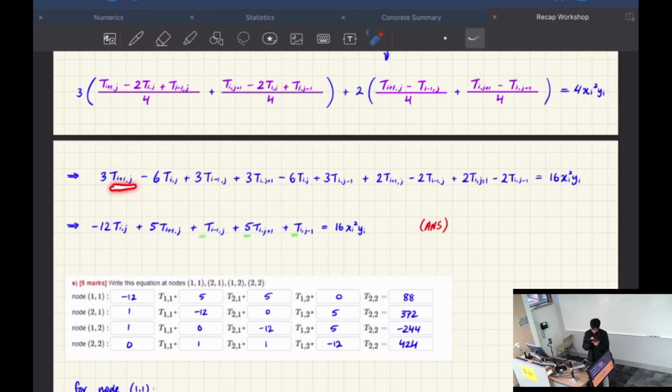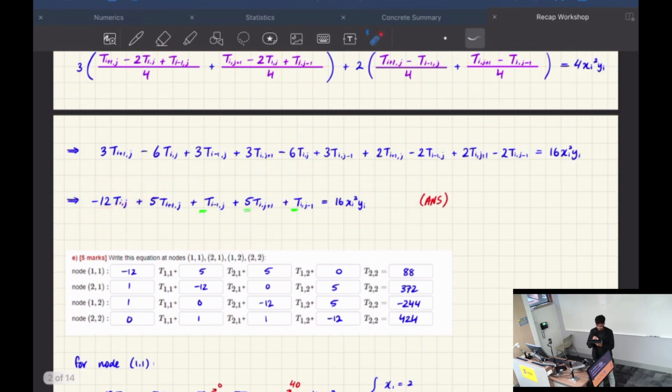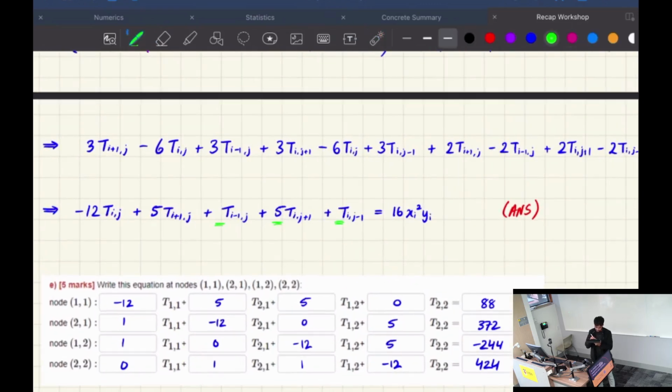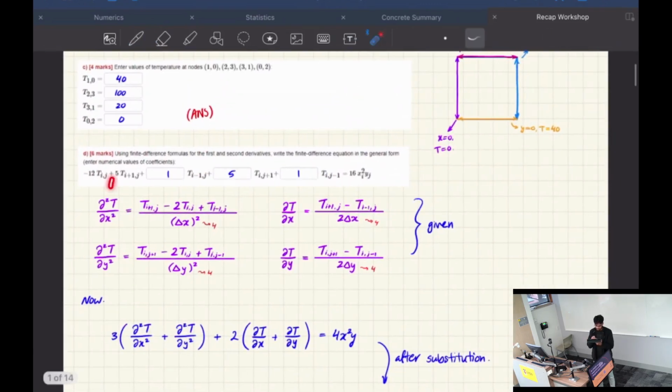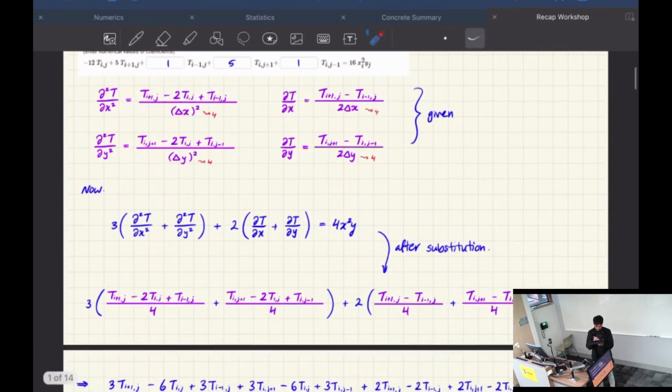We get this one and this one, this one and this one, this one and this one, and so on. After you do the algebra, you get your final answer to be this. You just have to take a look at the coefficients, which over here are 1, 5, 1, and that is all you have to place into here. I multiply both sides by 4 to get rid of the 4 in the denominator, and you get 16x squared y on the right hand side.